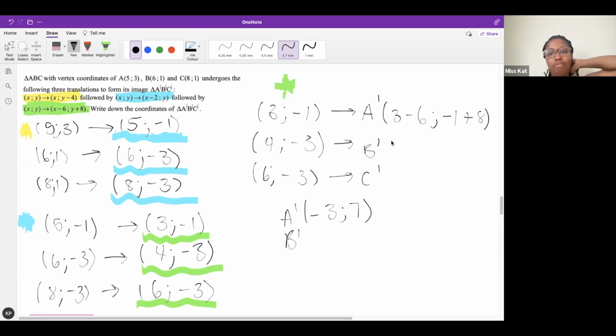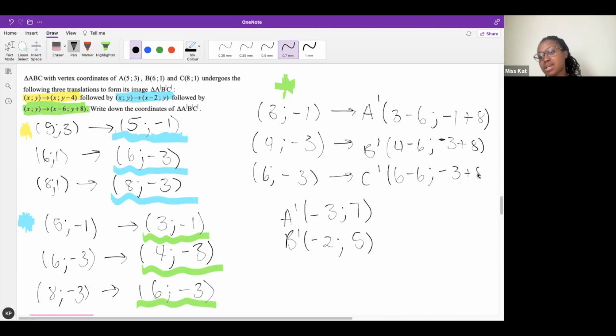So B prime, we're going from 4, -3. And -3 plus 8. Nice. -2 and 5. Because 4 minus 6 is -2. And -3 plus 8 is +5. Now let's do C. 6 minus 6 and -3 plus 8.